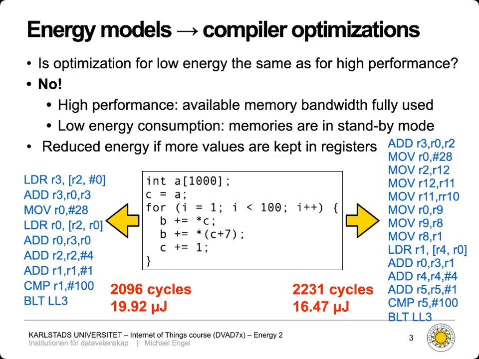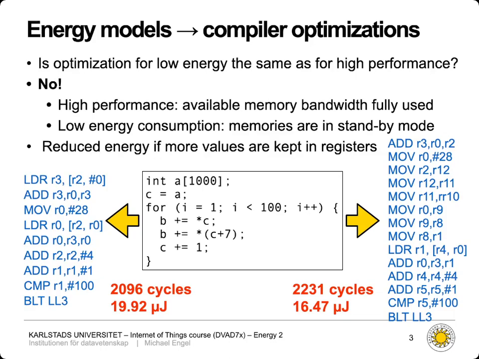Now, on the other hand, the code on the right-hand side is obviously longer because it has more instructions. But you can see it mostly uses add and move instructions, so these are always internal to the CPU. And it only has one single memory access instruction, the LDR, load register instruction. So this means even though it does much more work on the CPU, it uses instructions which are less energy intensive.